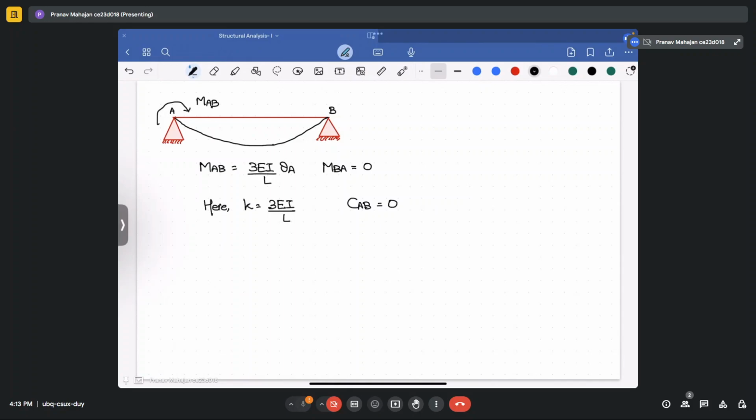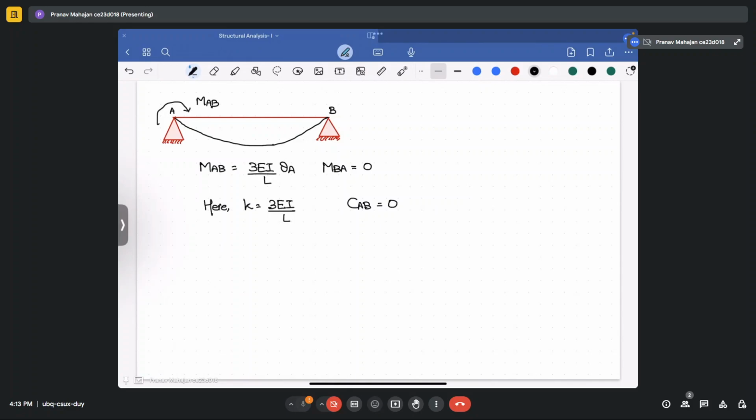So an additional moment will come in reverse direction, which will keep the net moment at that fixed end equal to 0. That's why carryover moment is generated in case of a fixed beam. Whereas in case of a hinged beam, since both supports are allowed to rotate, whenever you apply the moment at a particular end, no carryover moment will be generated at the other support.